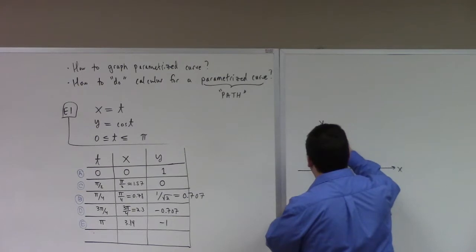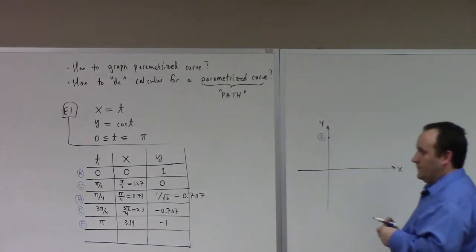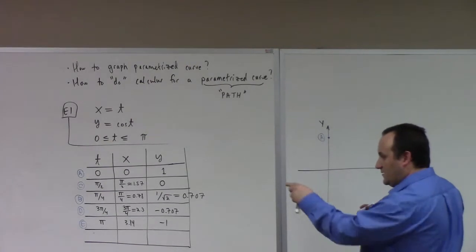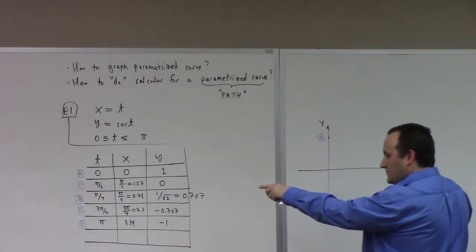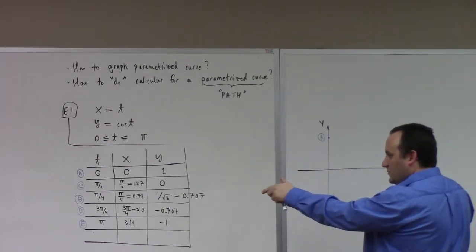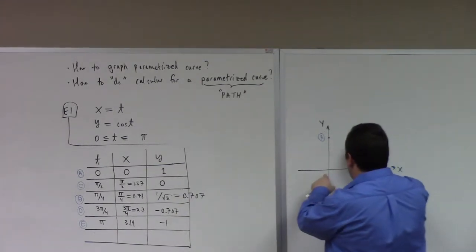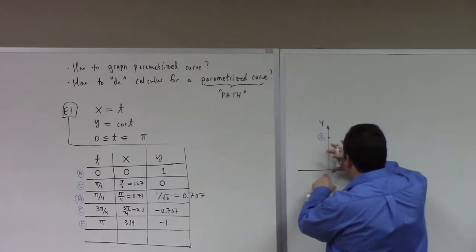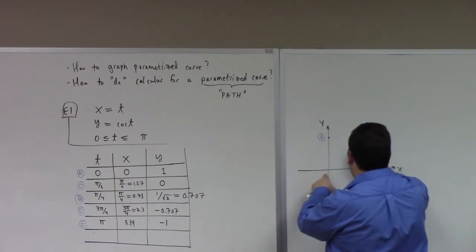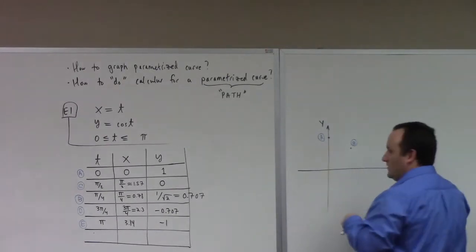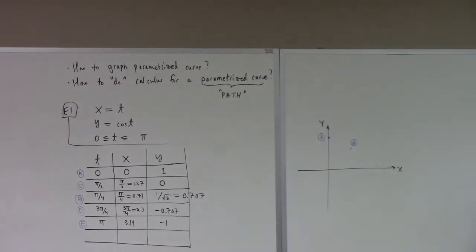So there's A. And then I've got x equals 1.57, y equals 0. Oh, I'm sorry, I've got B, which was what? B is somewhere in here, right? It's in here somewhere. Obviously, graph paper would be helpful.